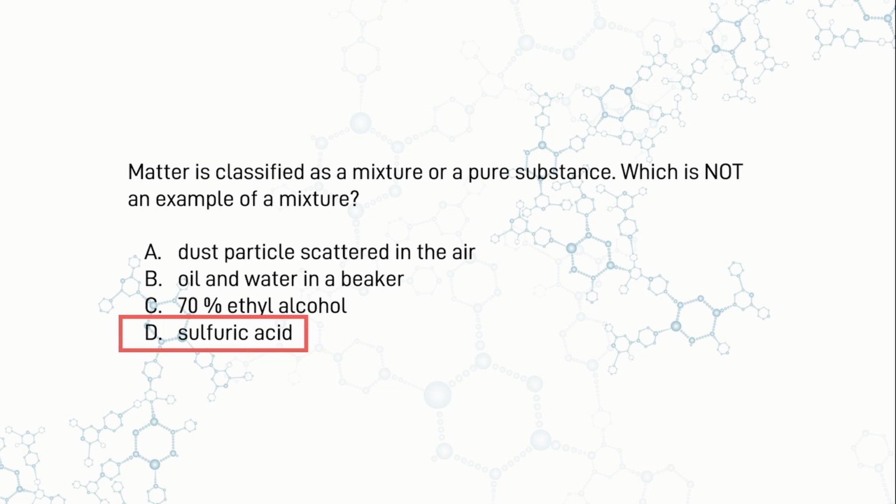The correct answer is letter D, sulfuric acid. All of them are having variable components except sulfuric acid.